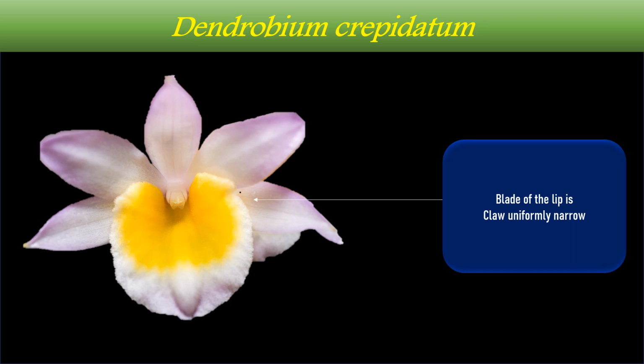So these are some of the orchid species that you can identify by their lip variation in shape, size, and color. So what makes it more prominent or more visible from any other plant species?